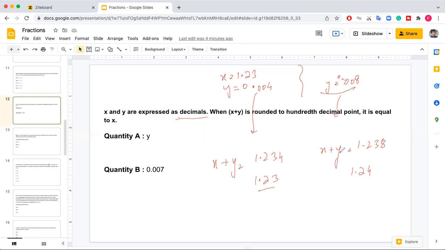If the digit is greater than 4, either 5, 6, 7, 8 or 9, it will become 1.24. That's why B will always be greater than A. Y must be less than 0.005. Got the point? Yeah. Okay, perfect.